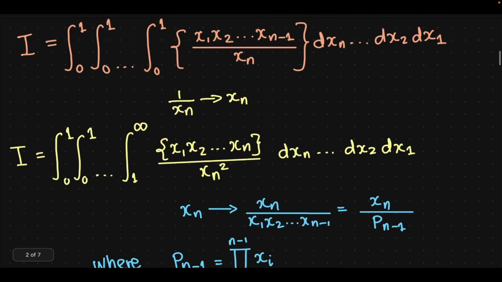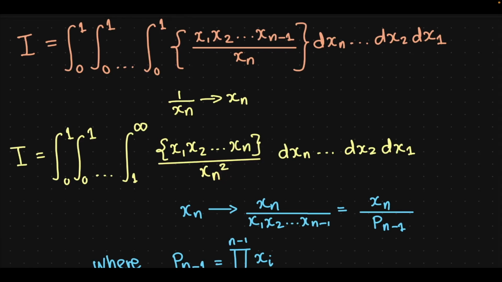So first of all, you might say, well, we don't really like the denominator. Can we get rid of it? And in fact, we can. We can get rid of it by doing a substitution that sets xn to 1 over xn. It's quite an elementary substitution, we have done it probably hundreds of times on this channel.